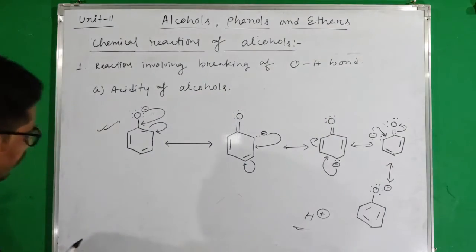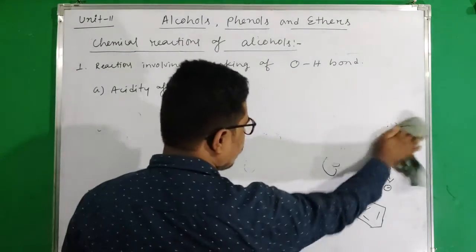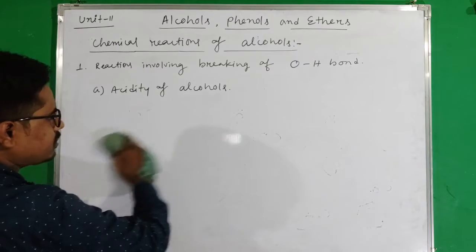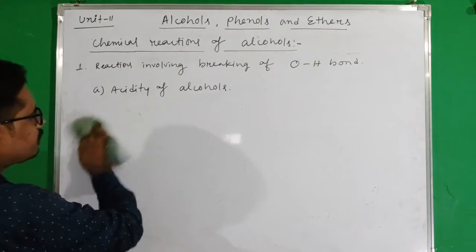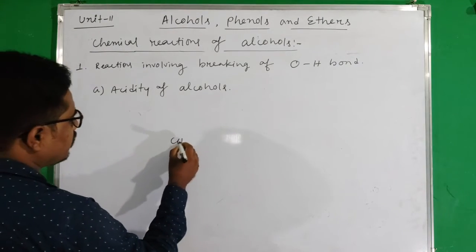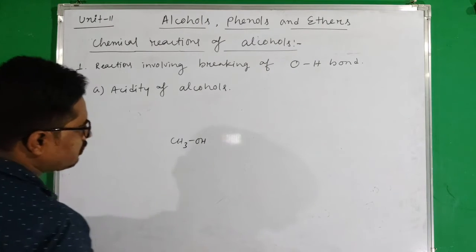Okay, now let us consider 3 alcohols. One is primary, after that one is secondary, and then tertiary. Now we will compare the acidity of these alcohols. We are considering 4 alcohols.